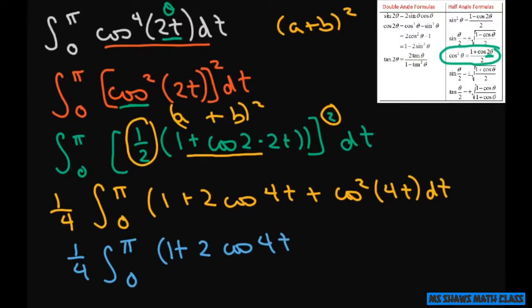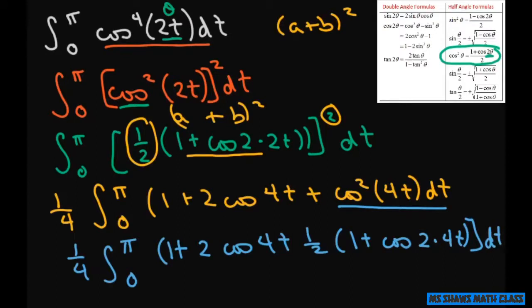And now I'm going to use my half angle identity again. So that's going to be plus 1/2 times (1 plus cosine of 2 times 4t), dt. So to save some room, this is just going to end up being 8t.